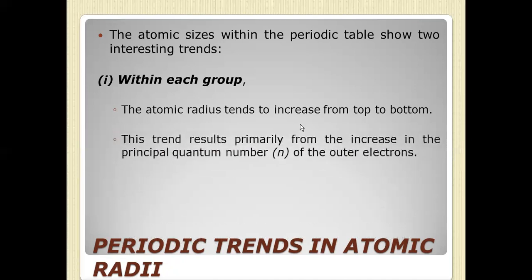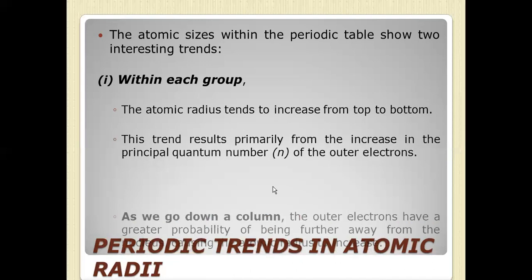This trend results primarily from the increase in the principal quantum number n of the outer electrons. What is meant by the principal quantum number? Your number of shells is increasing. So down the group, the number of shells is increasing.